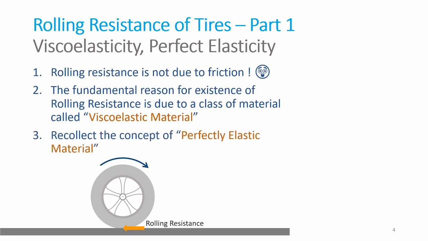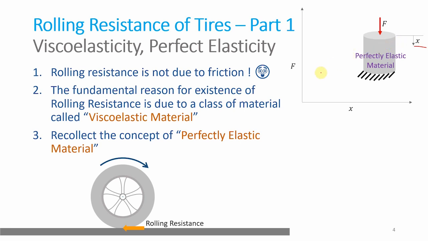And to understand more about how the rolling resistance is happening in a viscoelastic material, we need to recollect the concept of perfectly elastic material. Let's take a perfectly elastic material as you can see in this picture. So here we will take a material and we will fix it on the base. We will apply a force on it and we will measure the corresponding displacement.